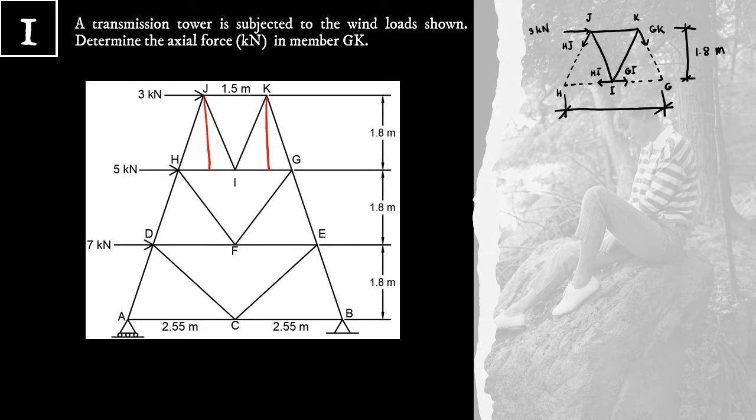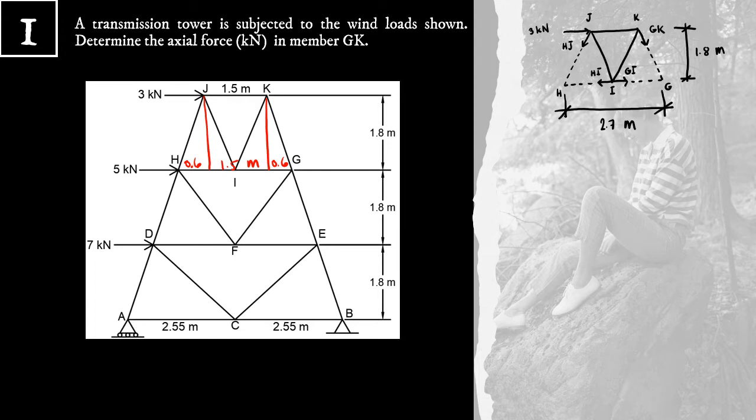So we have 0.6 meter, 0.6 meter, and 1.5 meters. Therefore, the distance from H to G is 0.6 plus 1.5 plus 0.6. And that is equal to 2.7 meters.